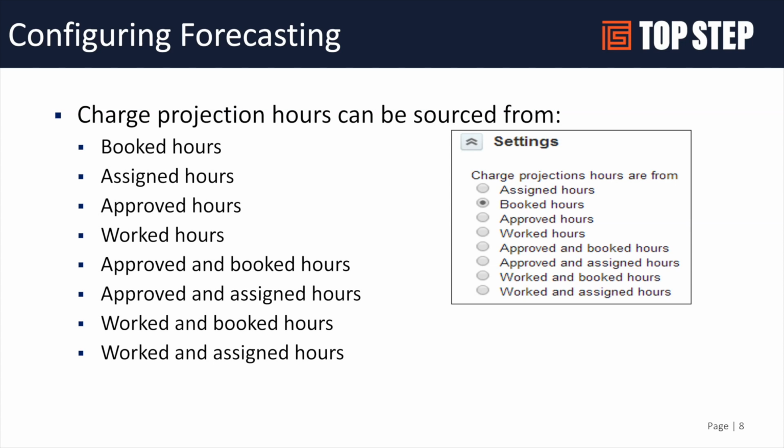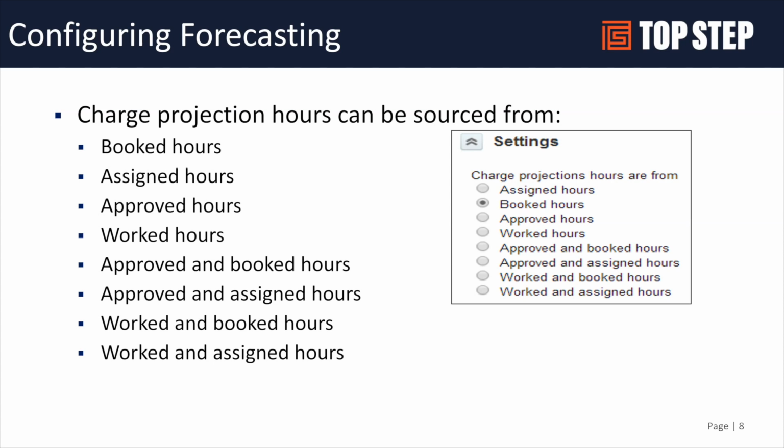Obviously, it's going to drive how your task structures need to be set up, because the start and finish dates are at the task level, not at the user level. So you get more of a task-driven start and end date versus a user-based start and end date, which you would get with booking. There are a few challenges, but if you are managing your projects this way and it gives you what you need, then we do have some customers that are using assigned hours.